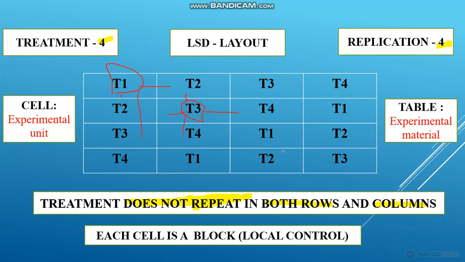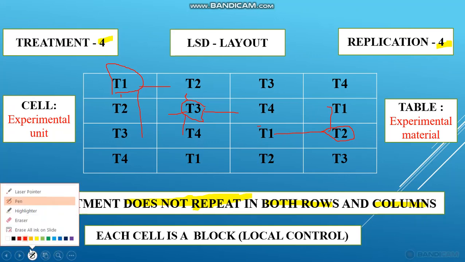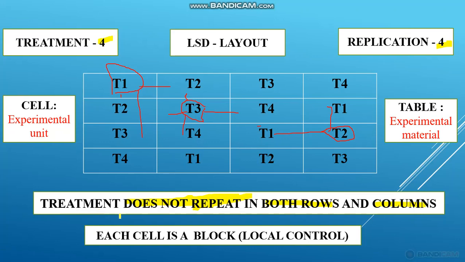Similarly, I am taking T2. T2 is not repeating in row or in column. So it is very important that in LSD the treatment does not repeat in both rows and columns.